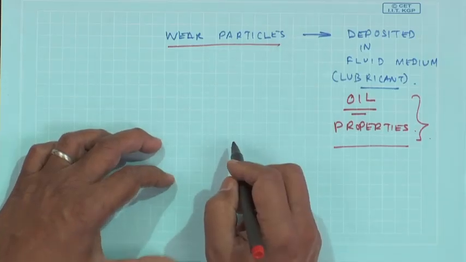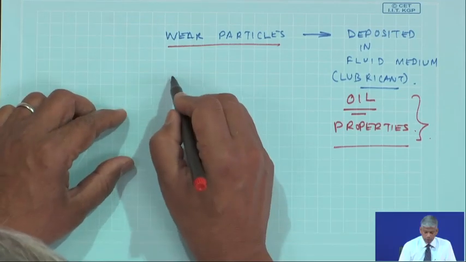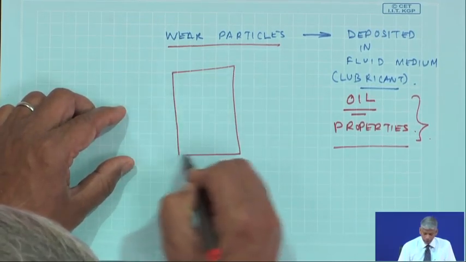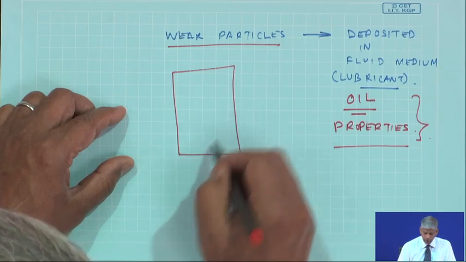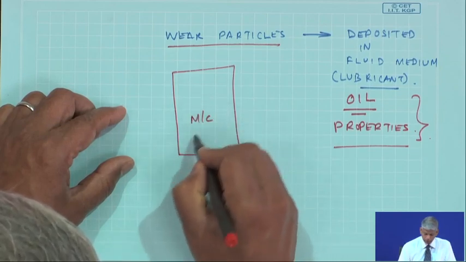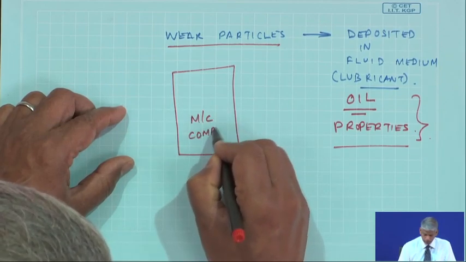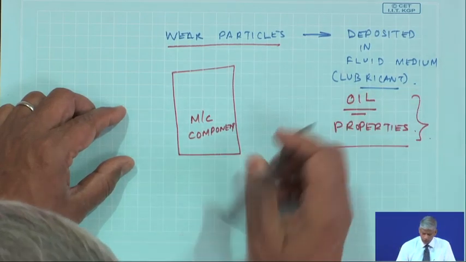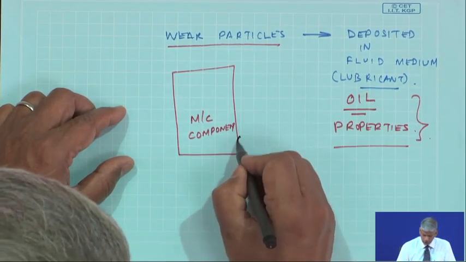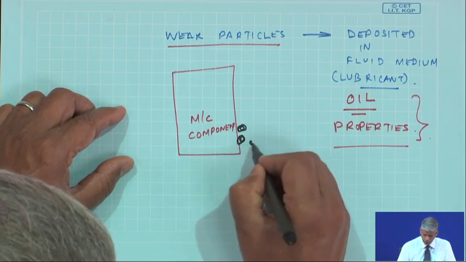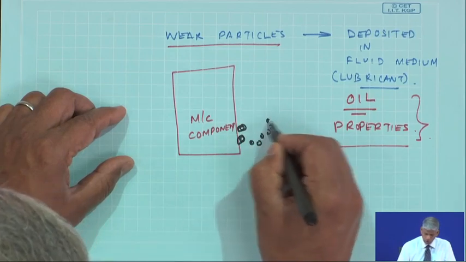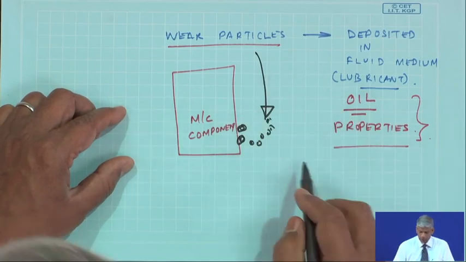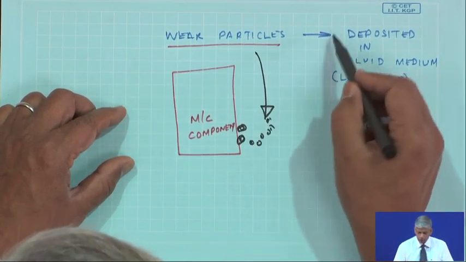But even these wear particles, because they have worn out from a parent material, this is my machine component. And because of friction and wear and so on, these particles are flaked out. So, these are the wear particles, and they will get deposited in the oil.